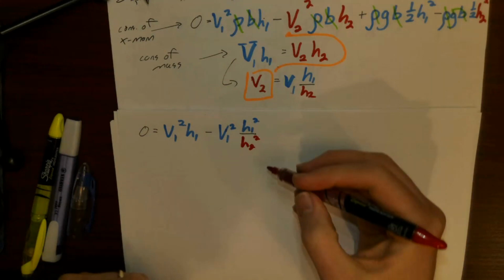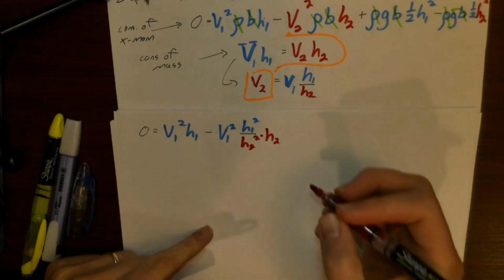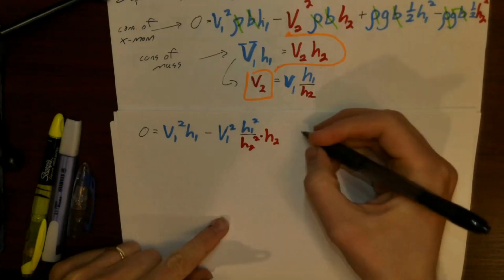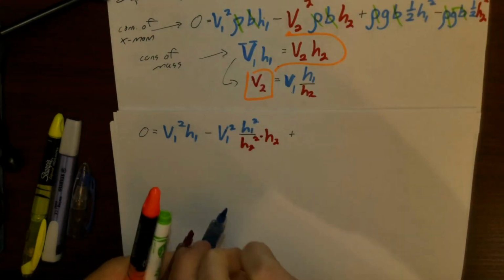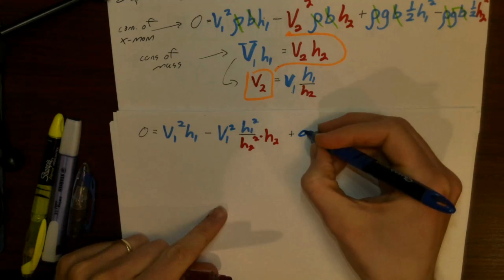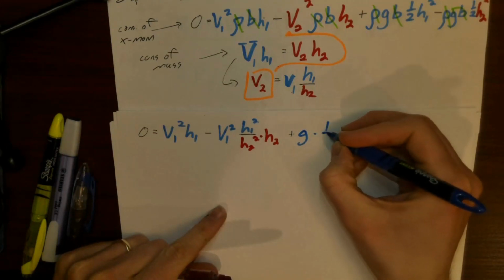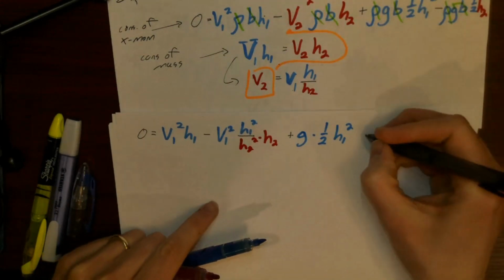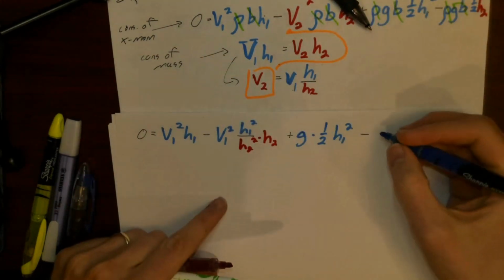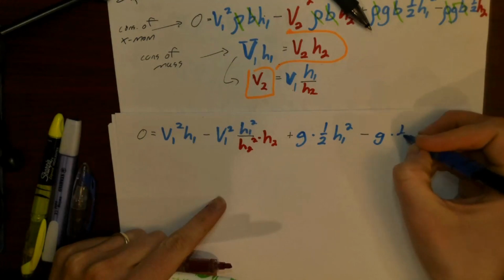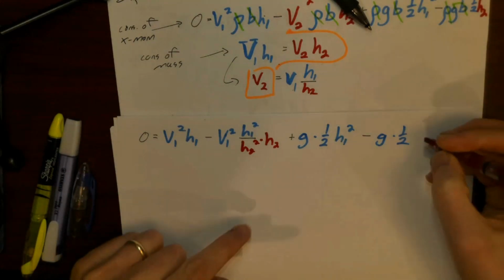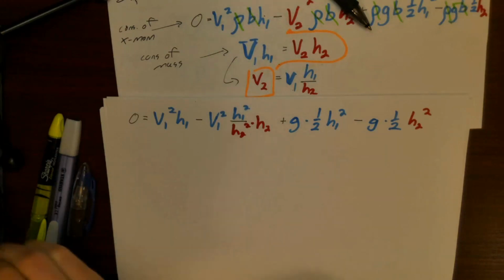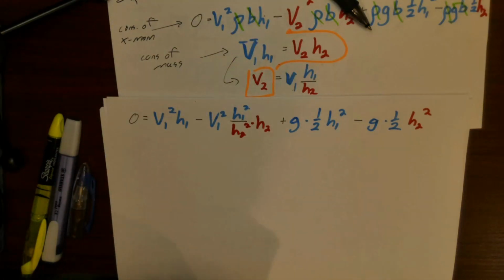And then we still have an H2 right here. Then we have plus G times 1/2 H1 squared. And then we have minus G times 1/2 H2 squared. All right, so let's see where this gets us.